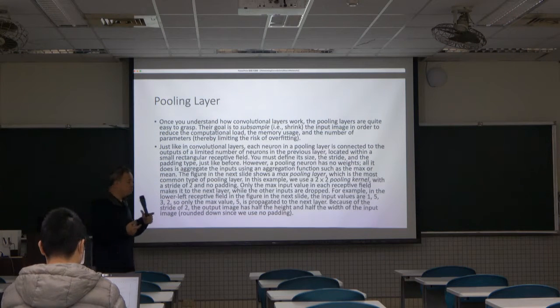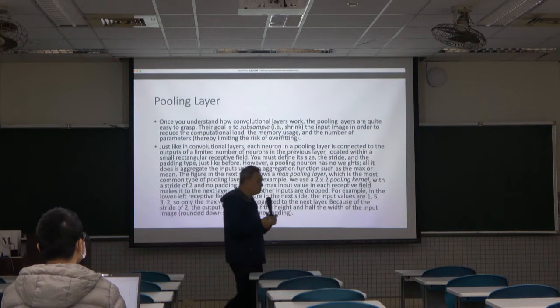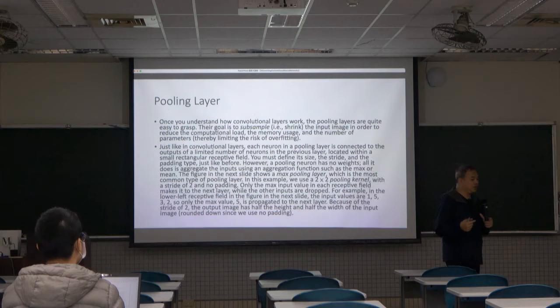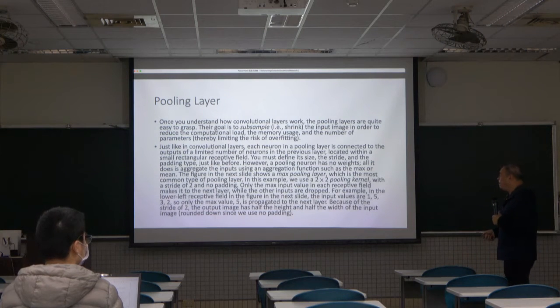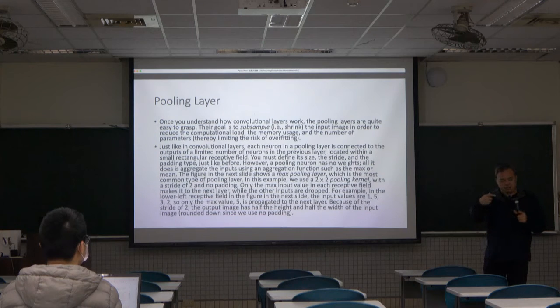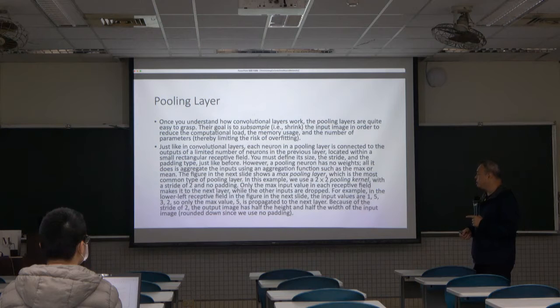When I say subsample, normally I mean shrink, make it smaller. So really, for example, if you have a kernel size of maybe 3x3, then there are only two types of pooling layers.